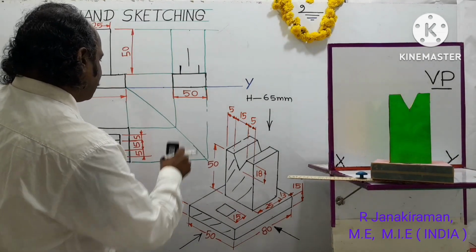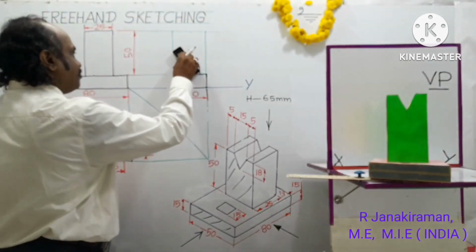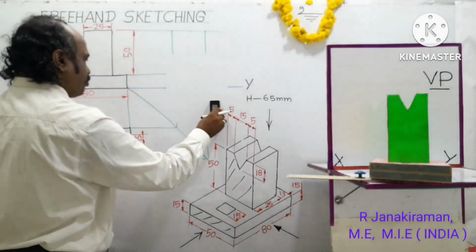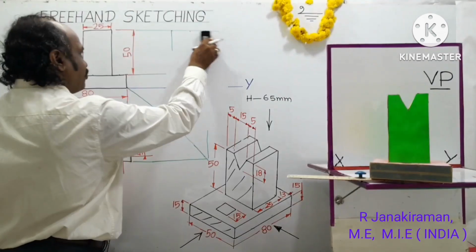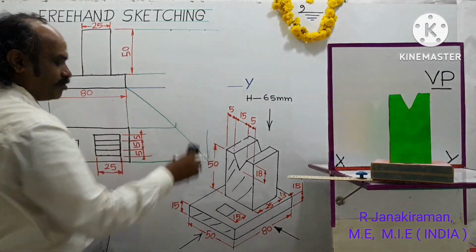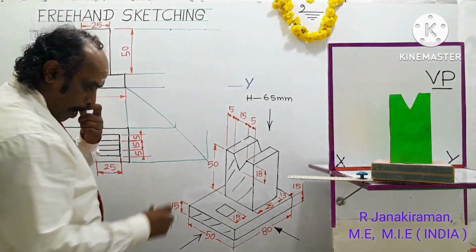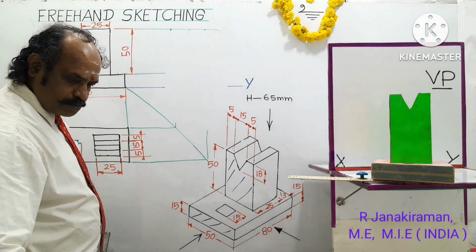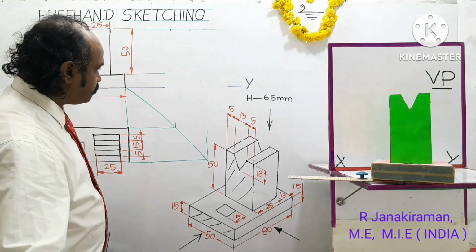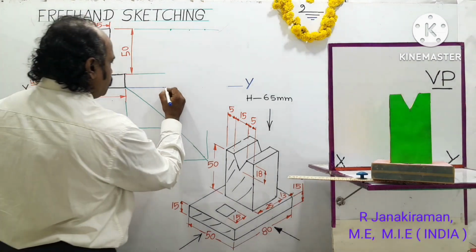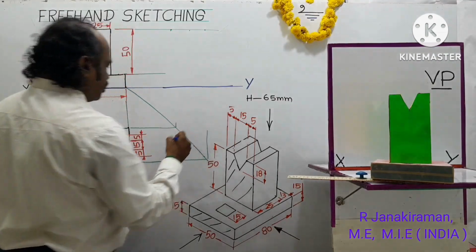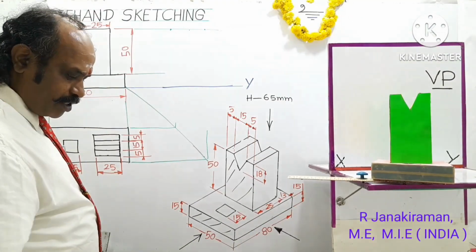I have to identify that. So again I will redraw this diagram because we have to get the size proportionately. So you draw an XY line. Extend the XY line. Draw vertical projectors and horizontal projectors.